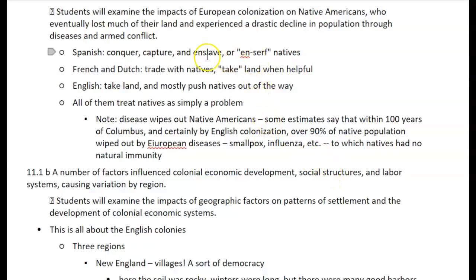The Spanish, we said, conquer, capture, and enslave, or enserf, the natives. And the decline in population is the devastating effect of diseases. The French and the Dutch trade with the natives. They take land. The Dutch actually buy Manhattan, famously, but in the first real estate swindle of the Americas, the Dutch buy Manhattan from the wrong tribe.